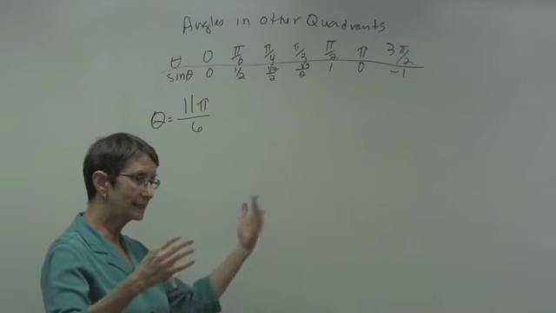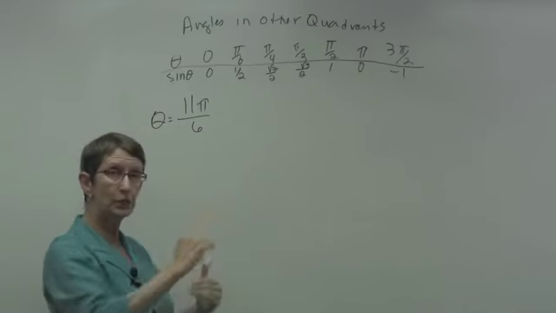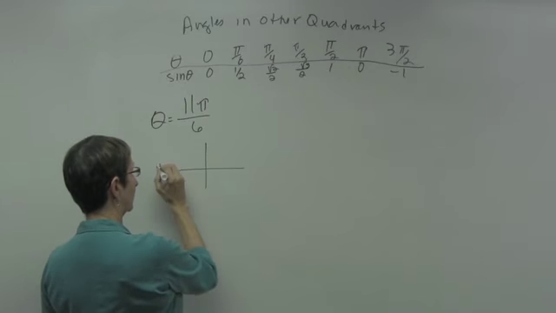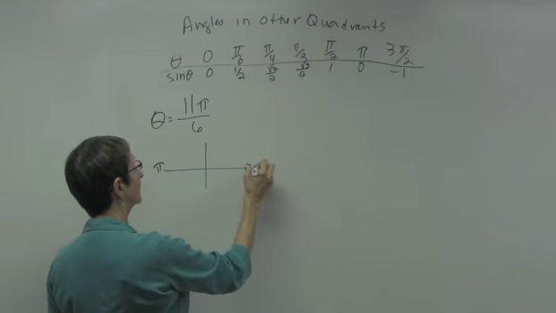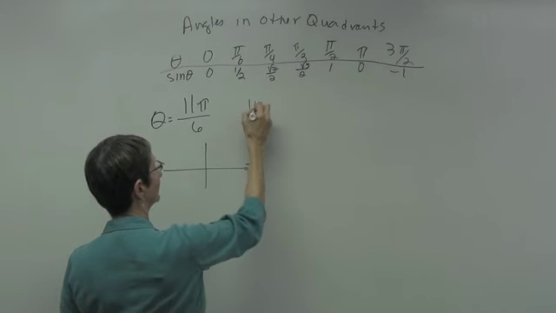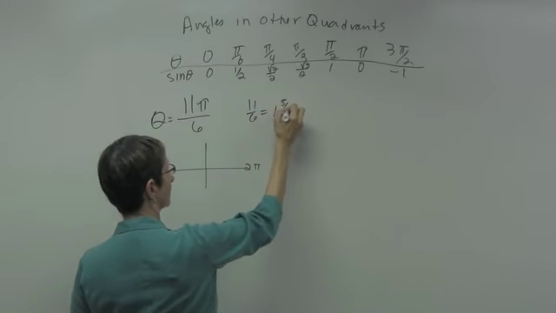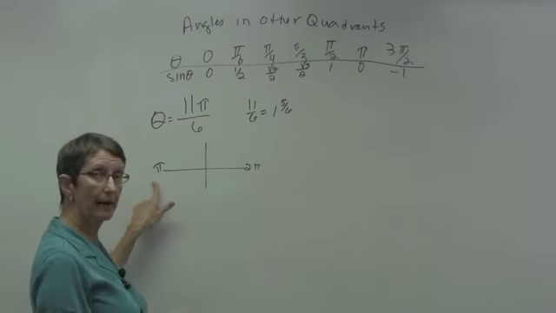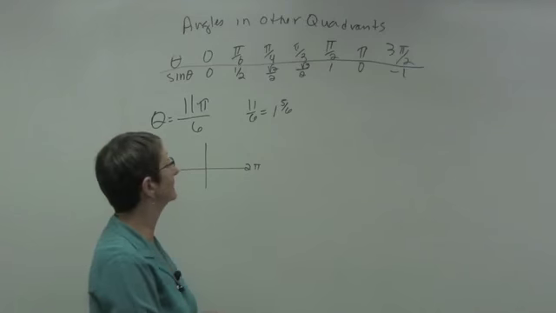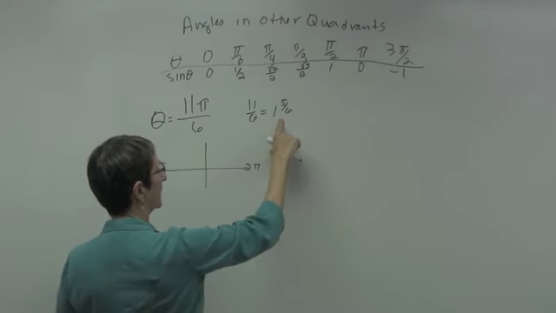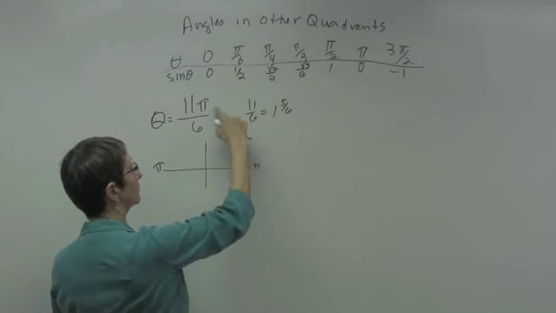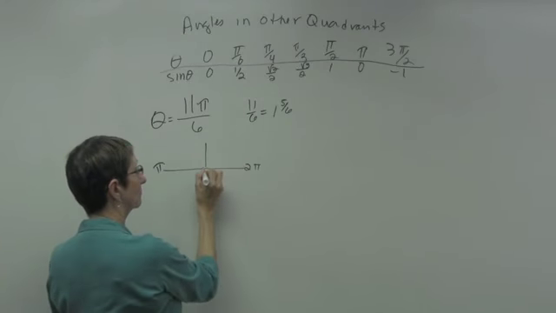I always think about it in terms of pi and 2 pi. 11 sixths is 1 5/6, so it's greater than 1 pi, it's less than 2 pi. How far away is it? It's just 1/6 away from 2 pi. 2 pi is 12/6. It's over here.